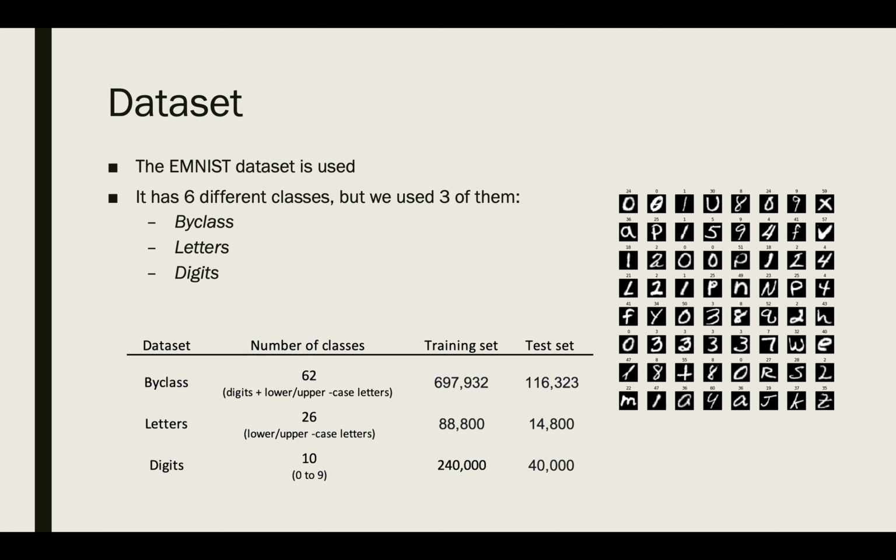The letters class has 26 classes of lowercase and uppercase, and the last one is the digits, which is from 0 to 9, and the number of elements in the training set and test set are shown in this table. And here we can see a sample from the by class dataset. It has both uppercase, lowercase, and also numbers.